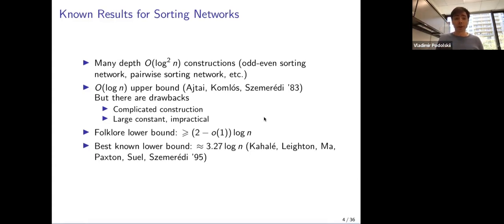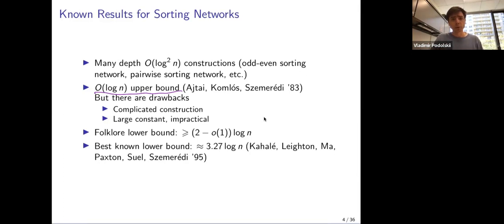And also there is a construction of a log depth sorting network. This is a celebrated paper by Ajtai, Komlós and Szemerédi. There are some drawbacks to it. It is complicated, so it is really hard to read. For this construction, they use pseudo-random generators, then they randomize things, and it is a complicated result.